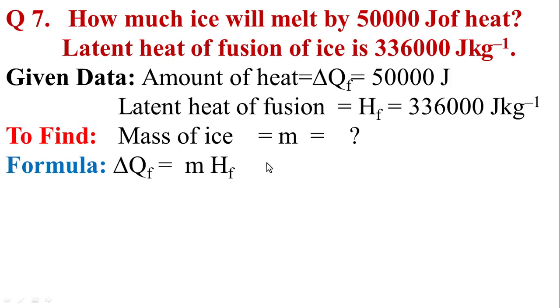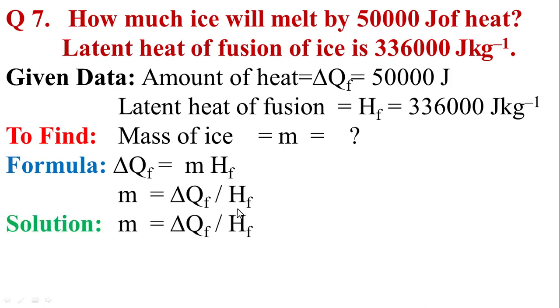Now we can write the formula: latent heat of fusion, delta QF is equal to M multiplied by HF. Here we can find the value of M, then latent heat of fusion is divided on the other side. So M is equal to amount of heat delta QF divided by latent heat of fusion HF.